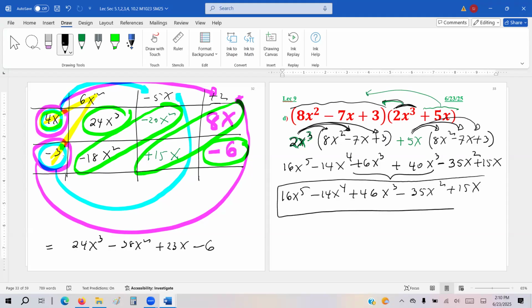Now we cannot combine them anymore because all the powers are different. In order to add and subtract, our condition is you have just the same variable and same power. Question? No question? So definitely you'll have one of these in the final exam and also in class exam.